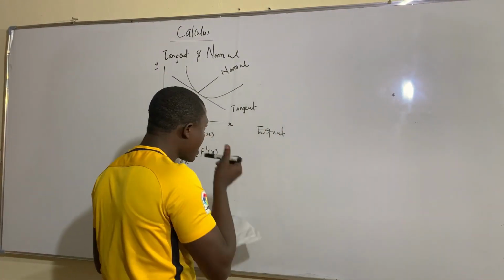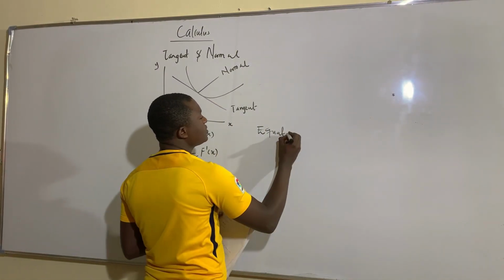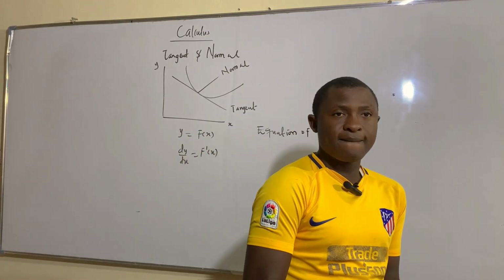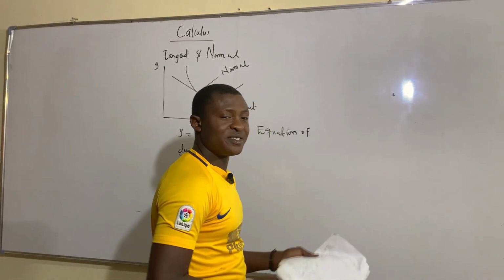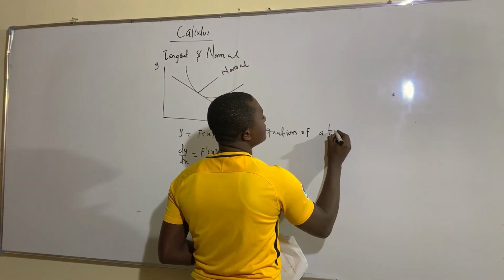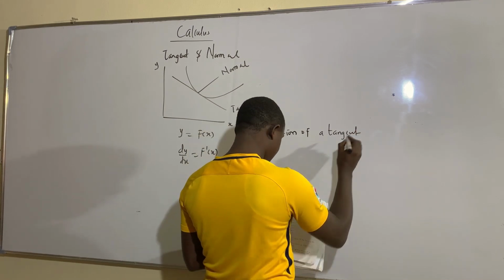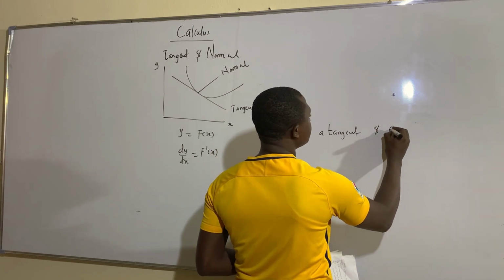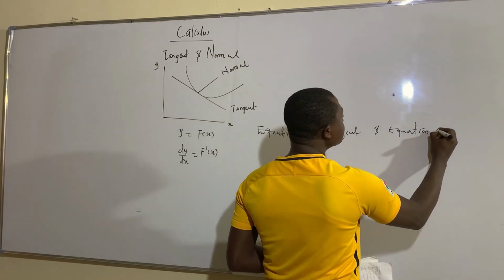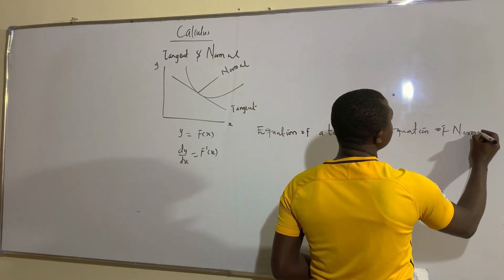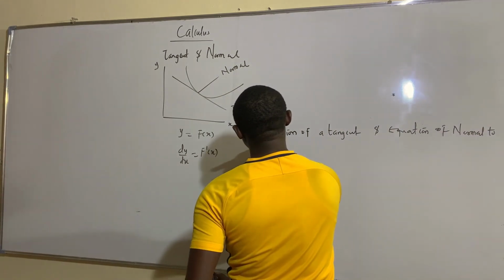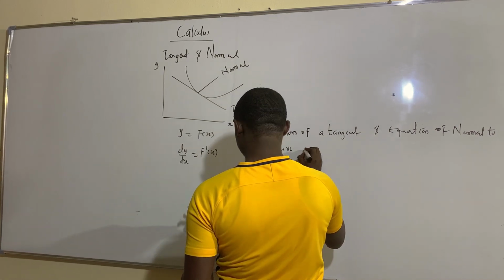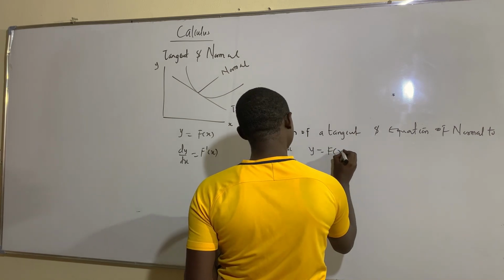So equation of a tangent, and equation of a normal to the curve y is equal to f of x.